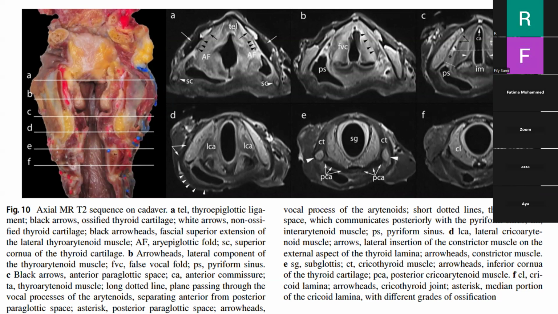Inferiorly, it tapers as we go down until reaching just an apex, which usually sits right at the plane of the vocal cord, like we see in the axial cut named F.